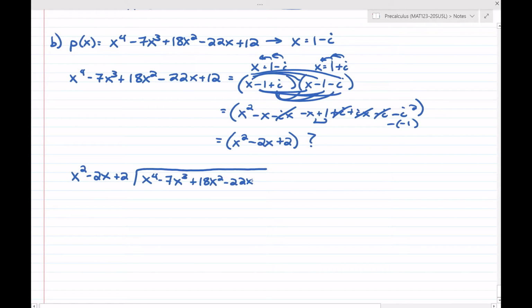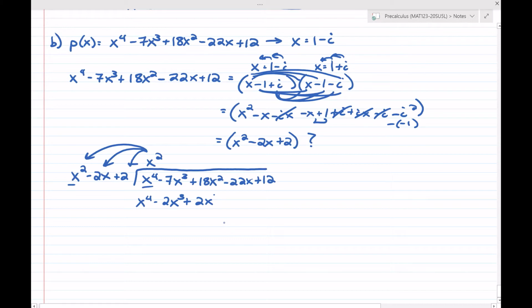So x squared times what is x to the 4th? You always look at the first numbers. It's going to be x squared, and I'm going to multiply x squared times each of these. Remember to subtract. And we get negative 5x to the 3rd plus 16x squared minus 22x.